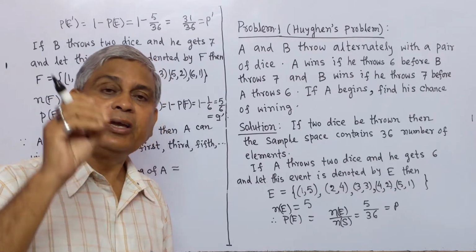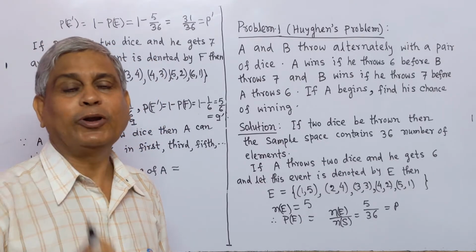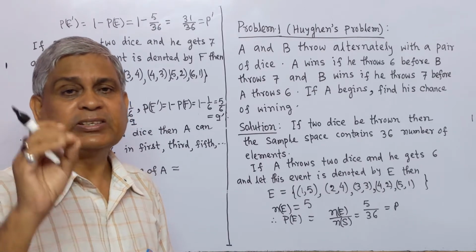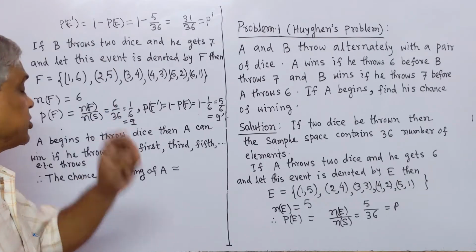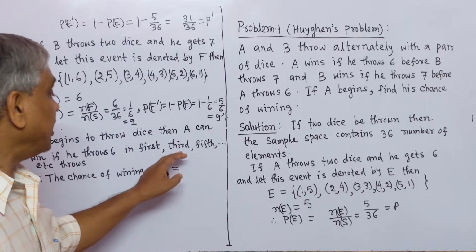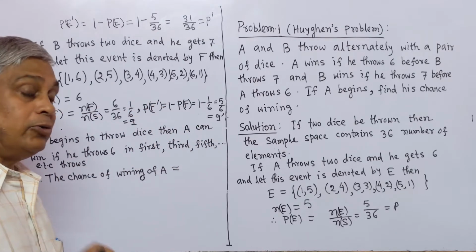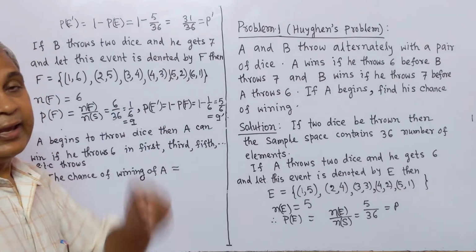If he wins in the fifth throw, then our problem will be solved. And in this way, we may see that A can win if he throws 6 in the first, third, fifth, etc. throws.